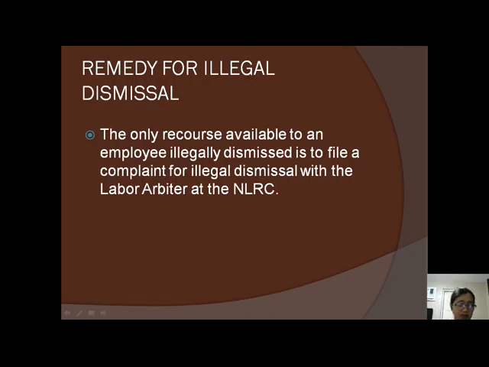They have a standard form wherein all you need to do is fill it out. So you will just write your concerns and the benefits that you are going to claim.